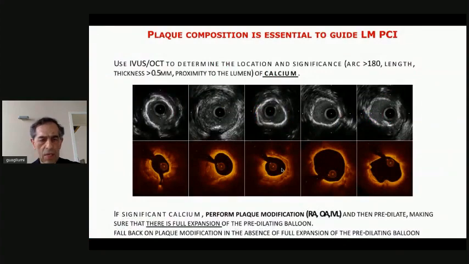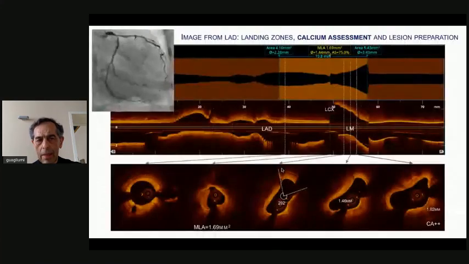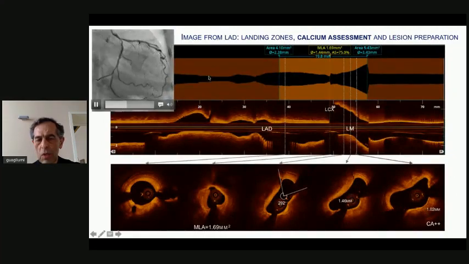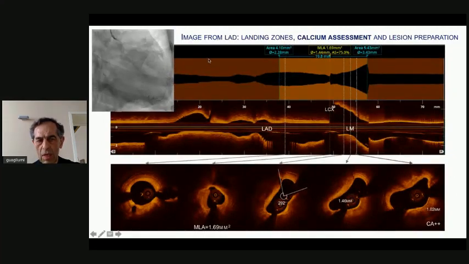What about calcification? Here you have the same patient, paired cross-sections at the left main level, showing the difference between IVUS and OCT. And here you have one of the pieces of evidence of how we are using this technology to make judgments about our procedure.